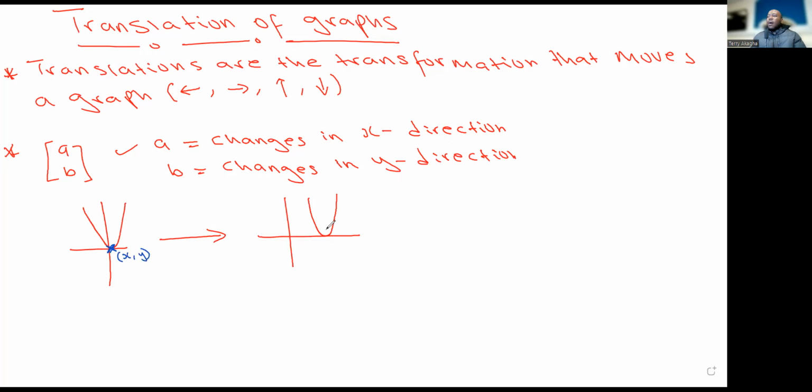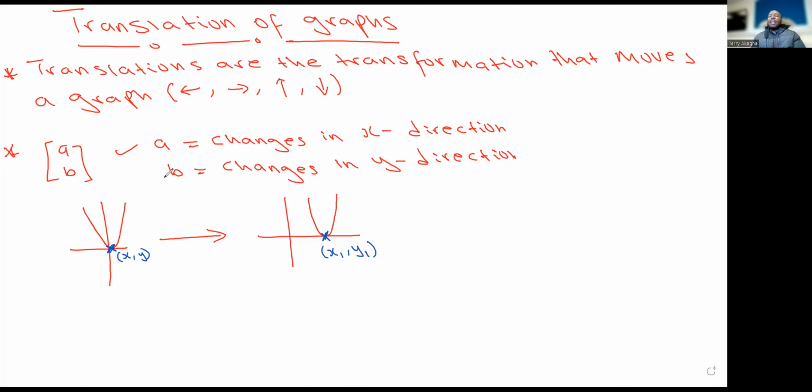Now this point has moved from here to this point here. So let's call it x1 and y1. What we are saying is that the change from x to x1 in the x direction is the A, and the change from y to y1 is the B, okay?